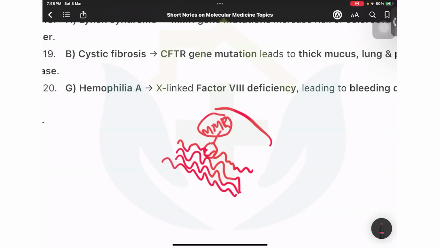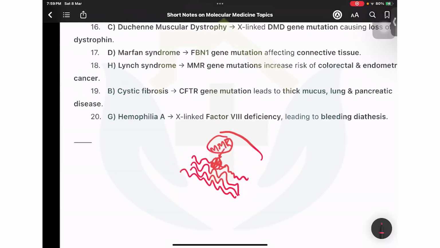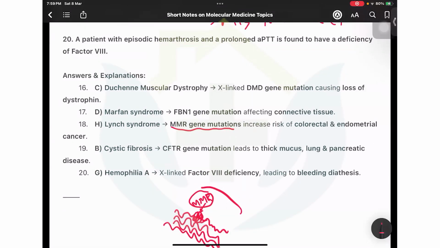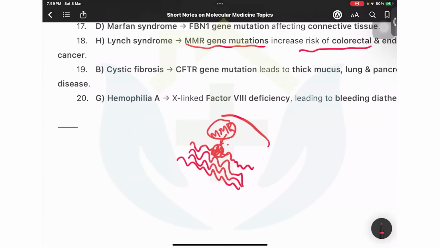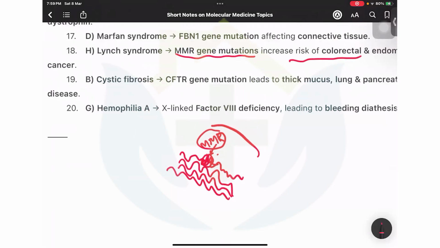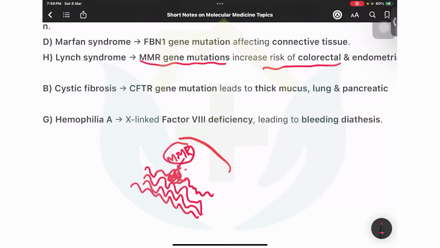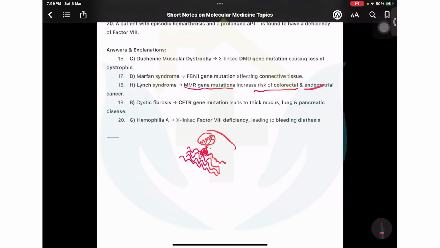It is a scissor. It will take away this part and connect it again, so the mismatch which was there is removed. But if the MMR gene is mutated or deficient, it will lead to more production of defective DNA, leading to more proliferation of those cells. So colorectal and endometrial cancers will be there.